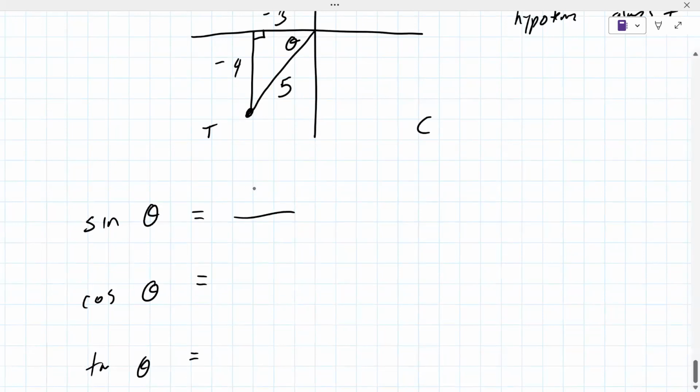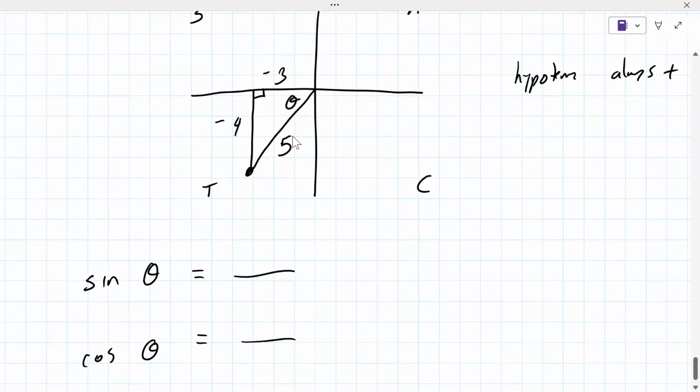So could you get those values for us, please? Sine is negative 4 over 5. Okay, negative 4/5. How about cosine?